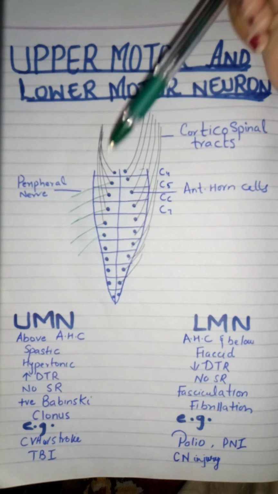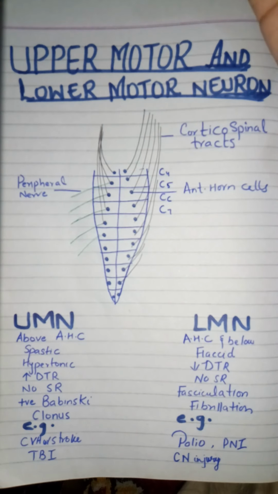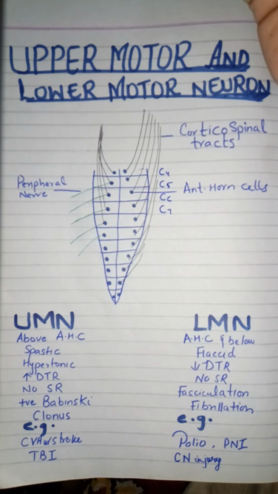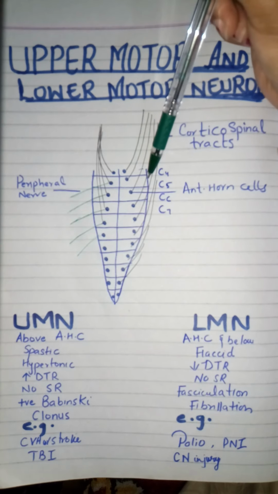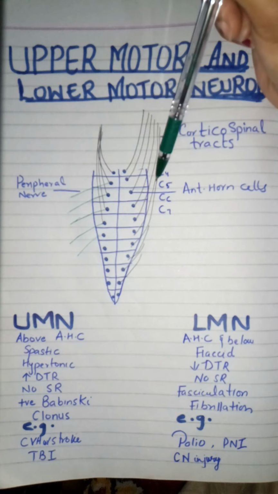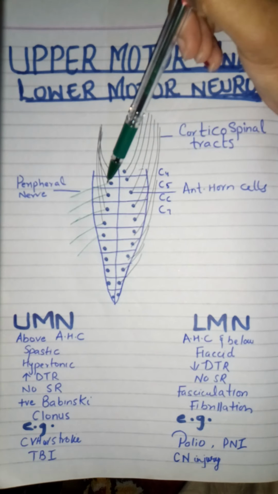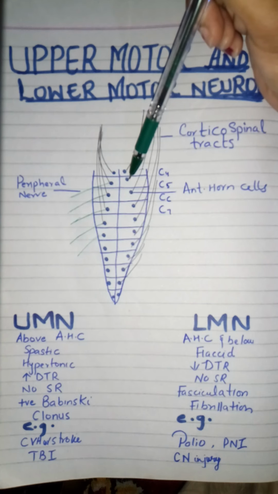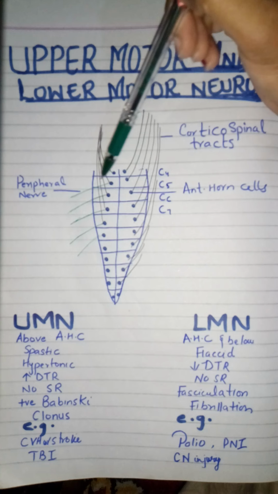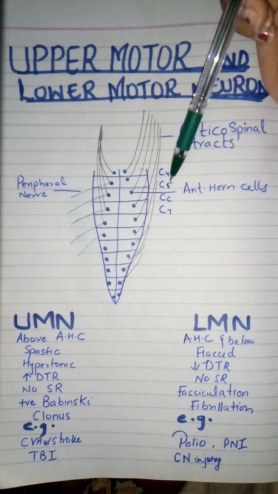Now let's talk about this in a bit more detail. The injury is at the level of C5. At the level of C5, the anterior horn cells will be injured. Anterior horn cell injury is included in lower motor neuron disorder. So at the level of C5, there will be lower motor neuron injury.